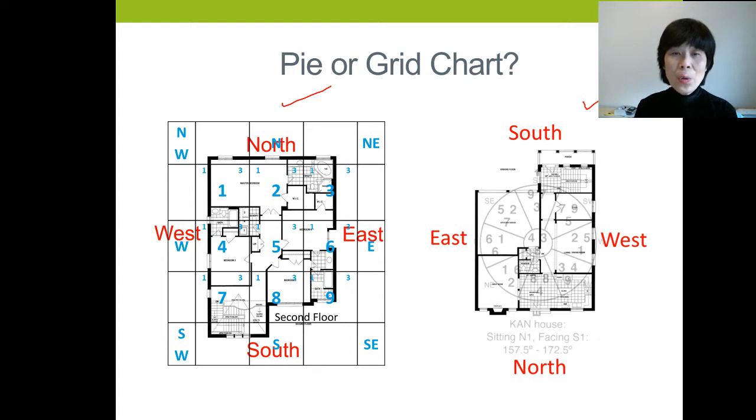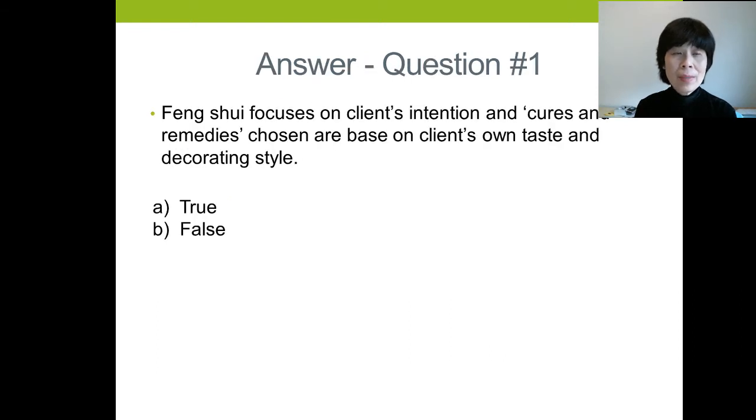Okay, so now let's get back to our 3 questions. Question number 1. Traditional Feng Shui focuses on the client's intention, and cures and remedies chosen are based on the client's own taste and decorating style.